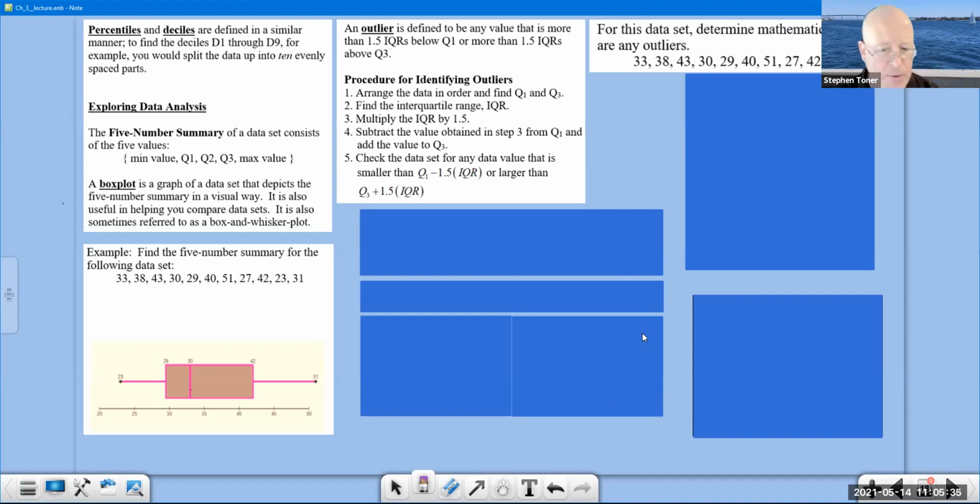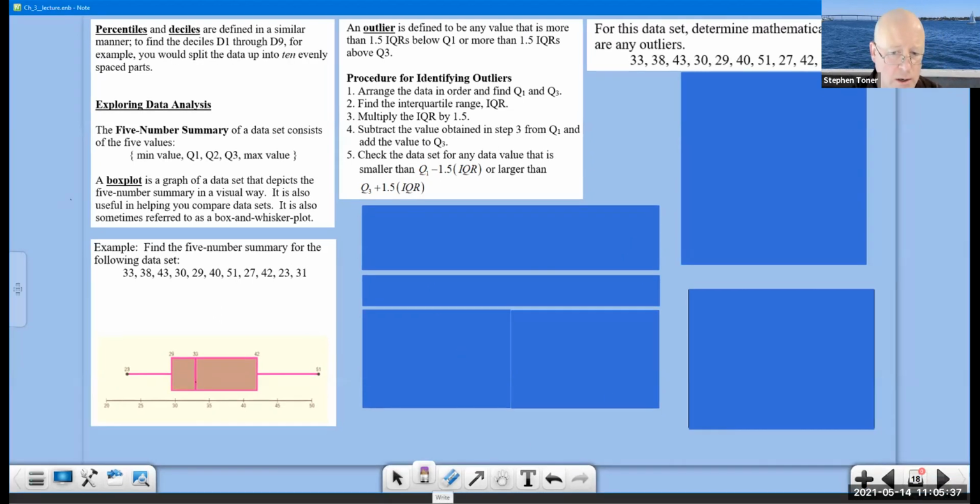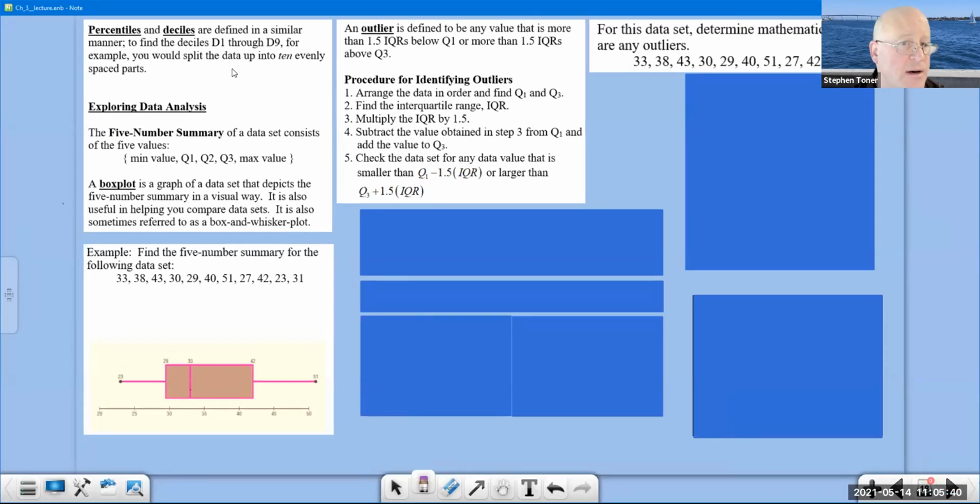Now, when a person or a score, let's say, is at the 83rd percentile, that basically means that a data value is above 83% of the rest of the values. It does not mean that the score, so to speak, was 83%. It is how it ranks relative to the other data values in the set.